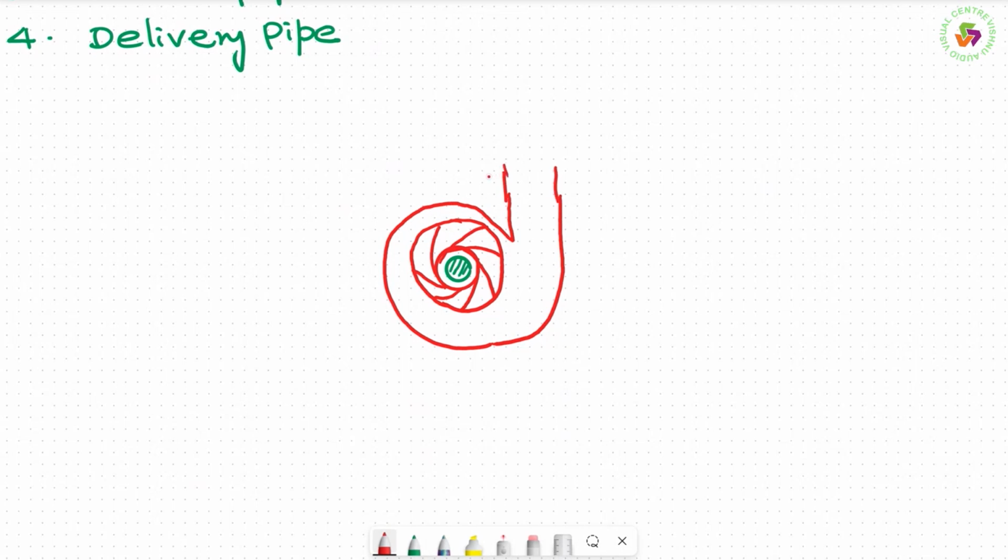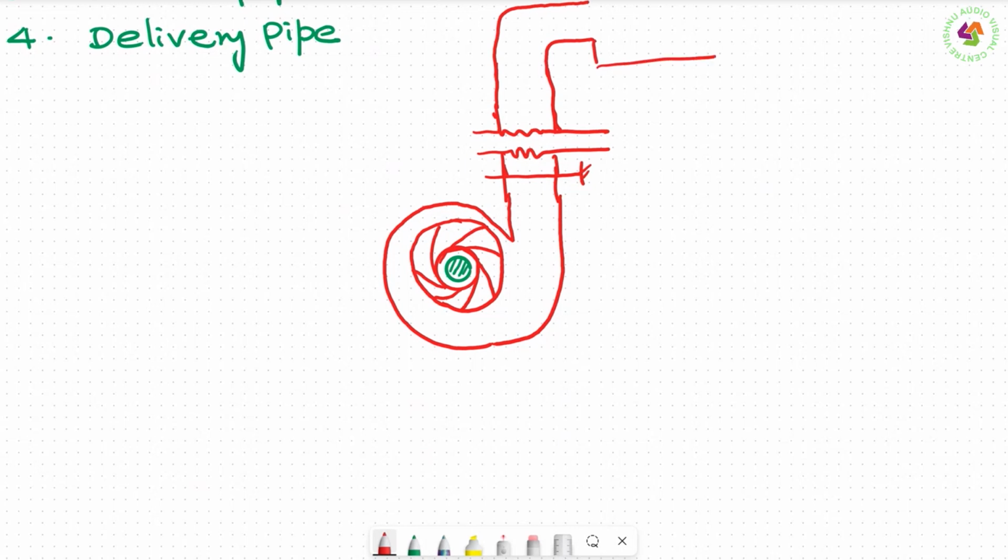And here we have the delivery valve. So we continue this pipe and it will be connected to the overhead tank.